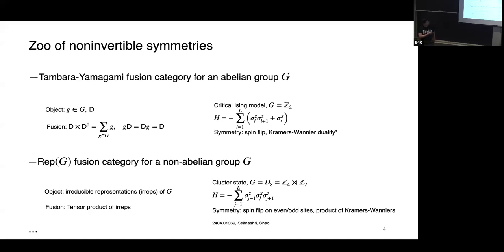This model is described in recent papers. So these are the two sets of fusion categories that I'm interested in, but there are many more that I didn't include in my talk.